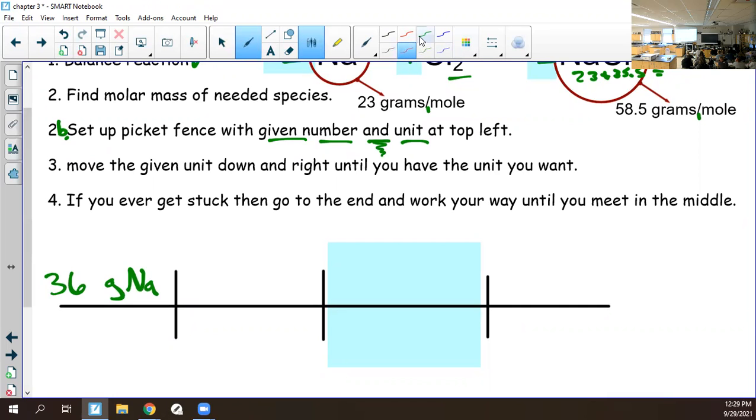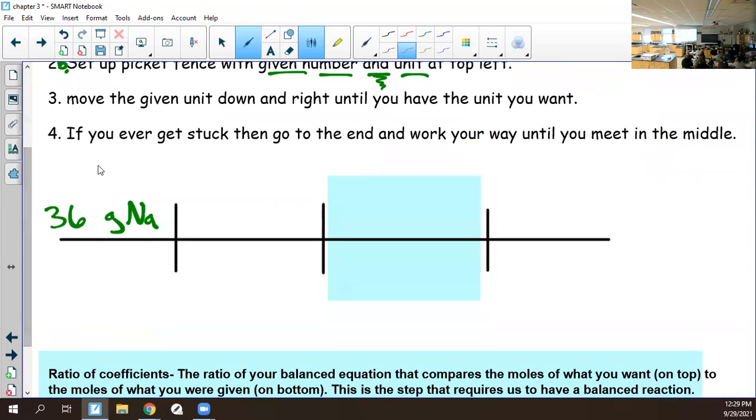All right. In chemistry, there's a few truths that we believe to be self-evident. One of them is this. Look at the screen. Everyone look at the screen. Whatever unit I start with will always be the unit that I move down and over.